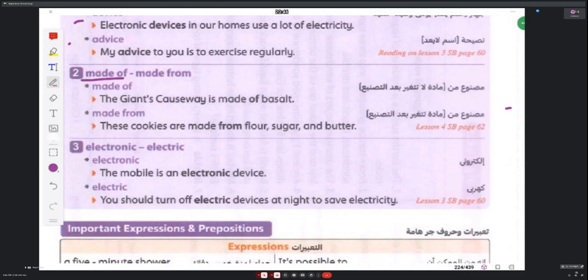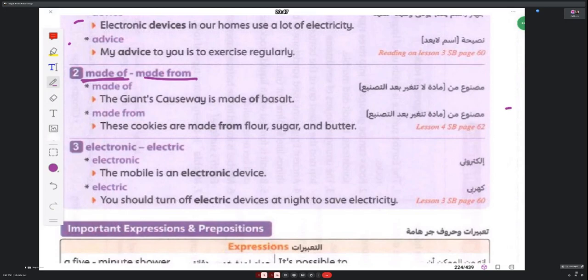When I make a door, I make it of wood. So when you look at the door, you can see the wood. So the material hasn't changed. So we use made of when the material doesn't change. But made from, when the material gives me a new result or another product.